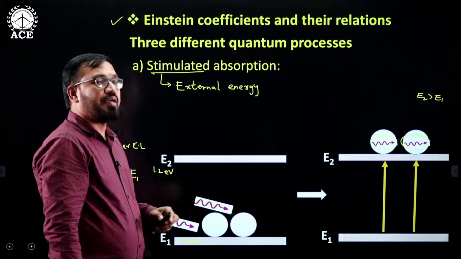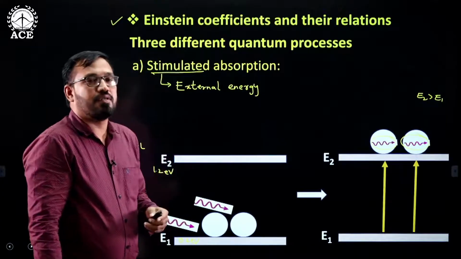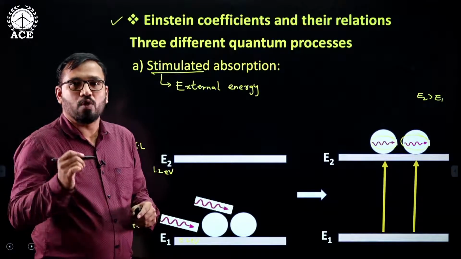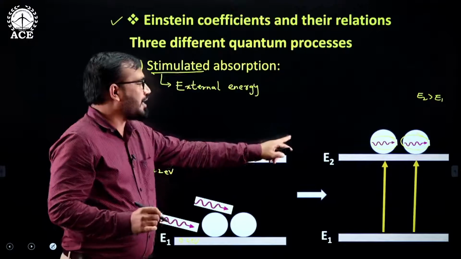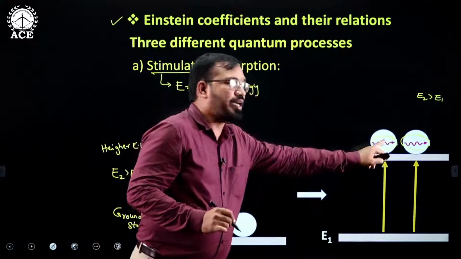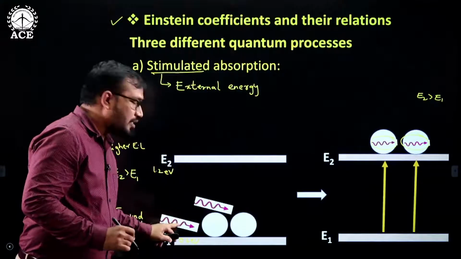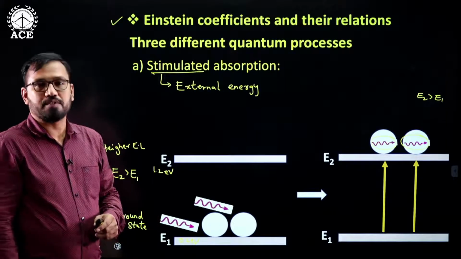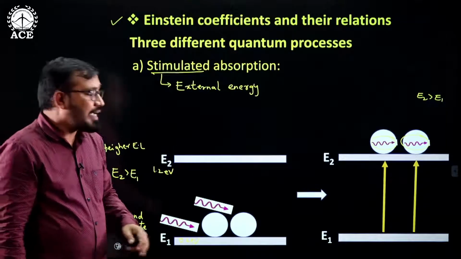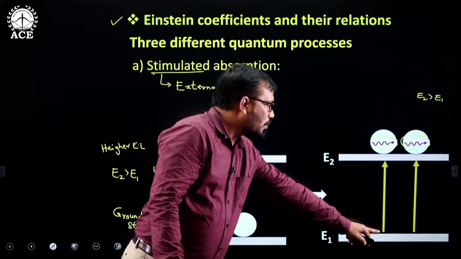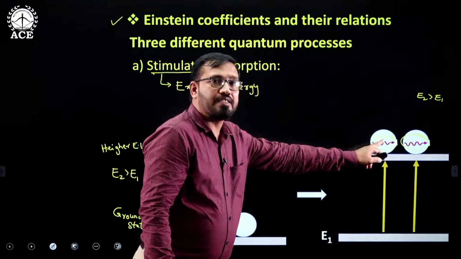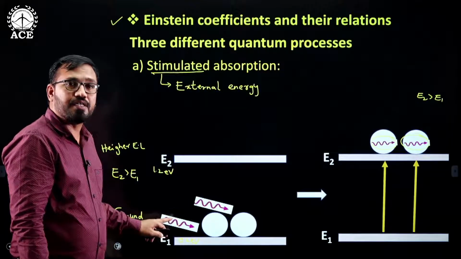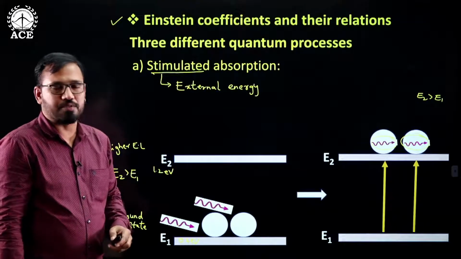I repeat the definition: the excitation of atoms from the lower energy level to higher energy level by absorbing a photon of sufficient energy, external photon energy, is called stimulated absorption.